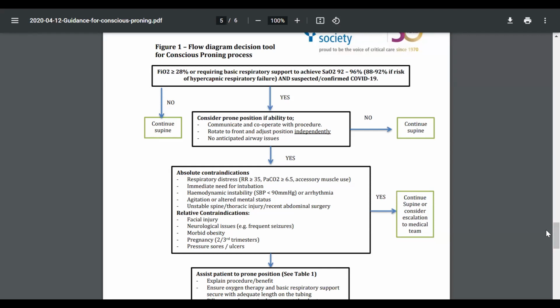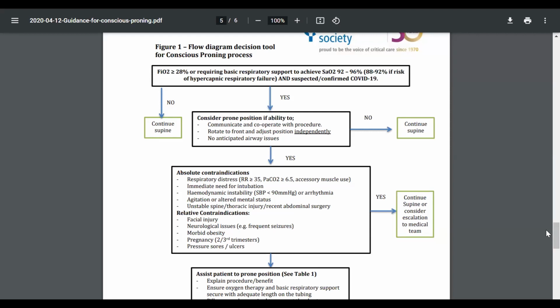So you need to think about some considerations. Here, there is a guide you can use. I don't think we need to memorize this. We need just to be aware of common contraindications, and some absolute contraindications to consider: when the patient is in respiratory distress, for example, or impending respiratory failure with need of intubation, or a hemodynamically unstable patient with low blood pressure, or agitation, and spinal or thoracic injuries or recent abdominal surgeries where they can't lie prone.